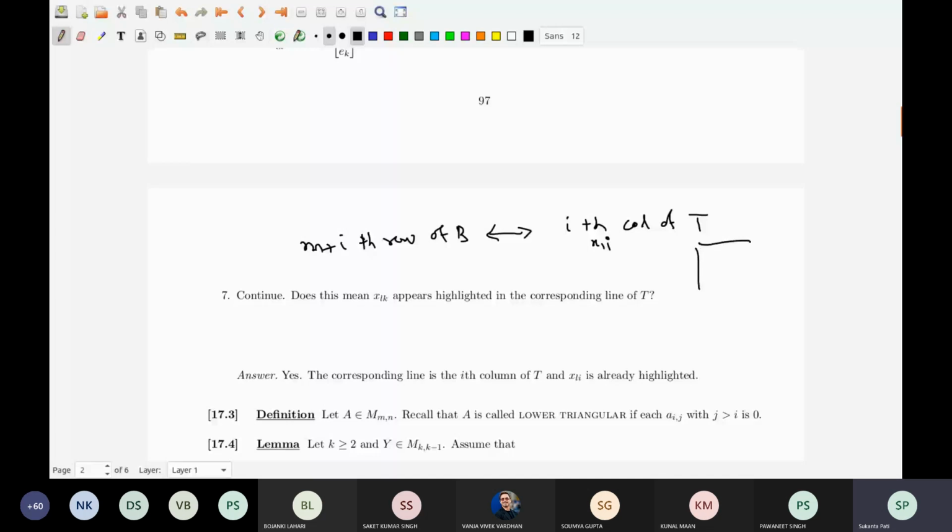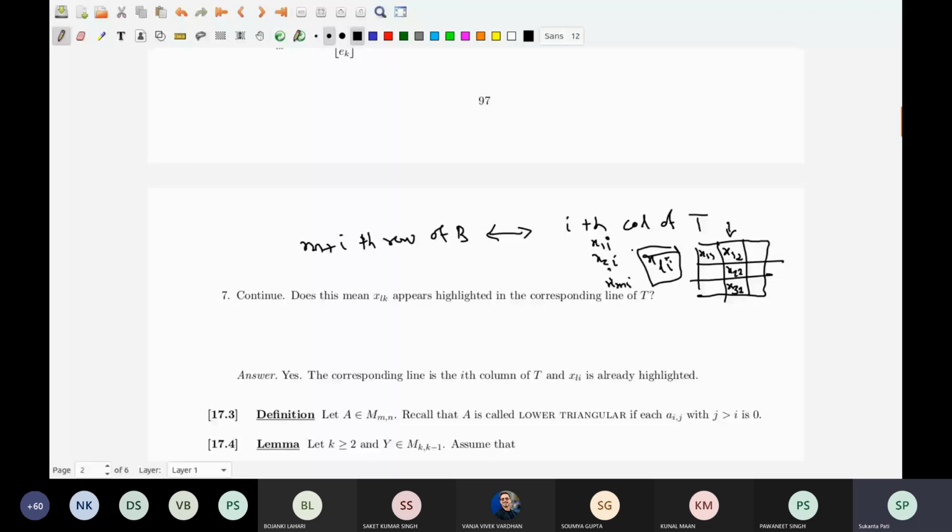If you take i equal to 2, what are the variables there? Now this will be x22, x32, that kind of thing. So the variables there are x1i, x2i, up to xmi. So that is the line, and you have already highlighted xli. Xli is already highlighted. Okay, so xlk, with k equal to i, appears highlighted in the corresponding line of T.